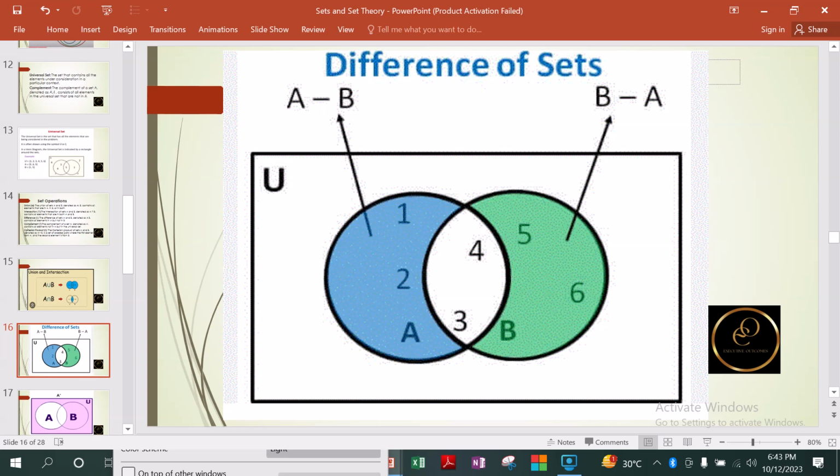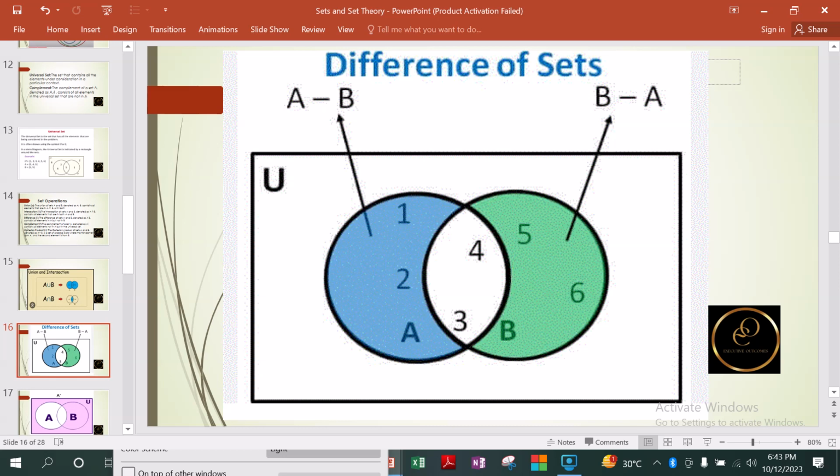When it comes to B minus A, we are talking about all elements in B which are not in A. So A has these, and what is left out is 5, 6. Those are the B minus A, as already explained.